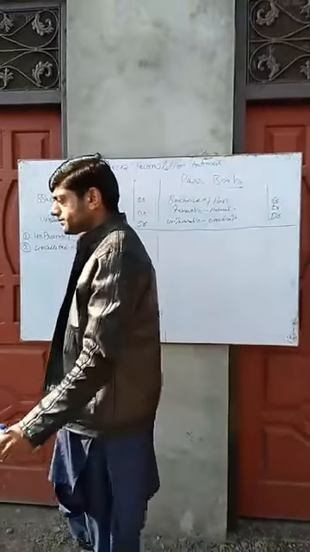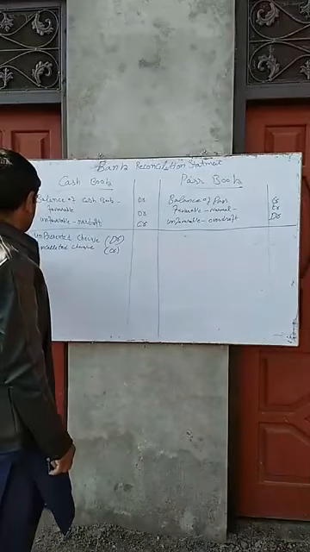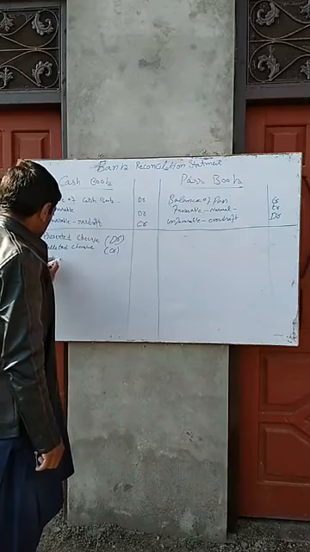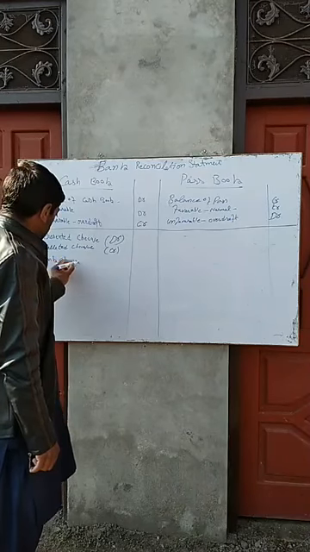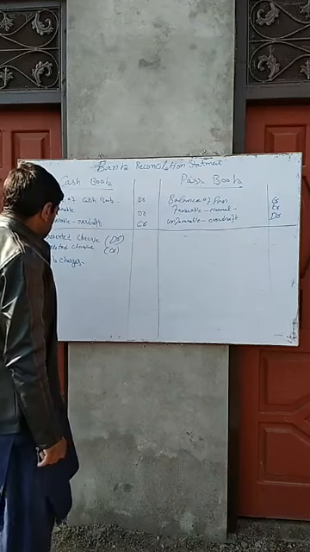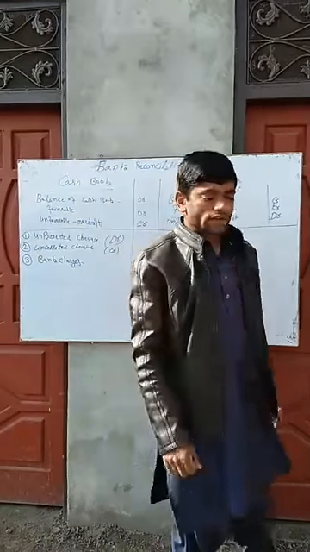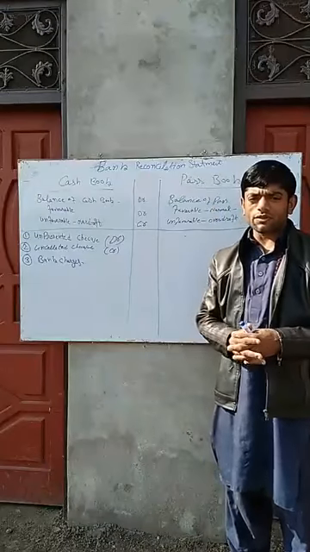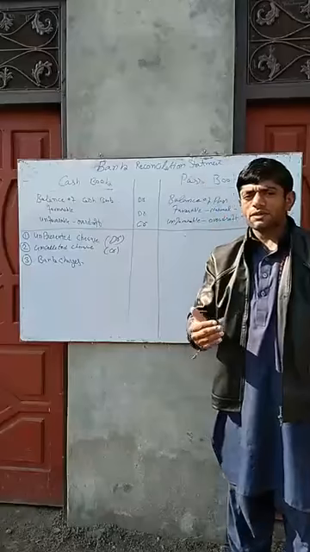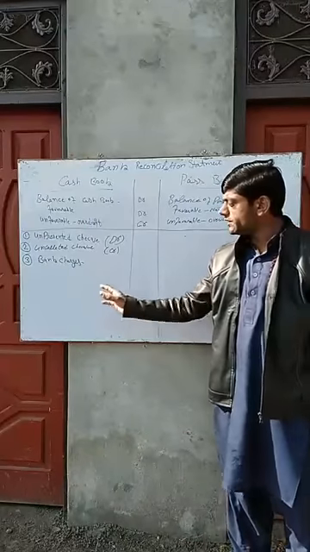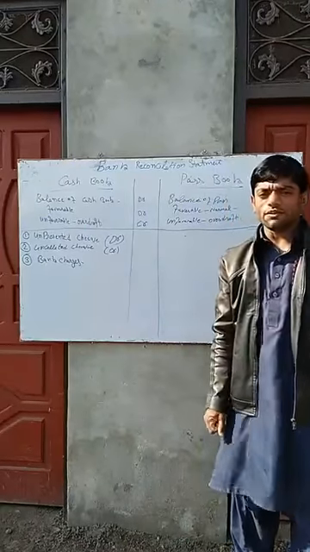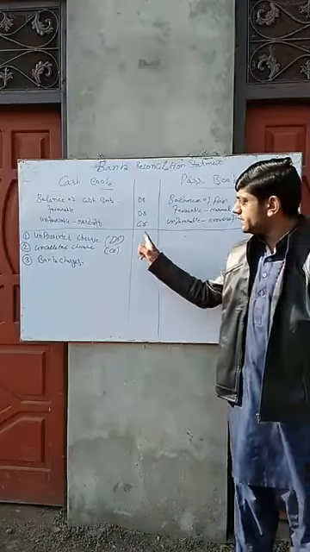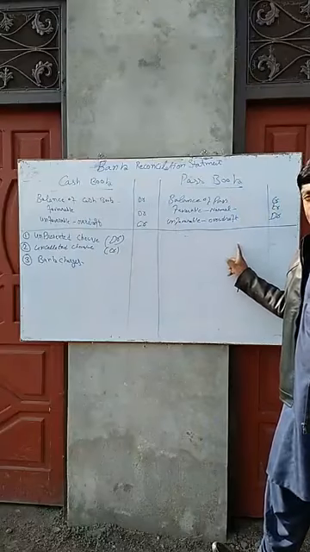So next, bank charges. Bank charges are charges paid to the bank for its services, but they are credited in the cash book and not yet debited in the passbook. So the bank charges are credited in the cash book and debited in the passbook.